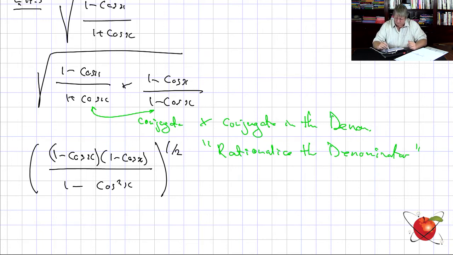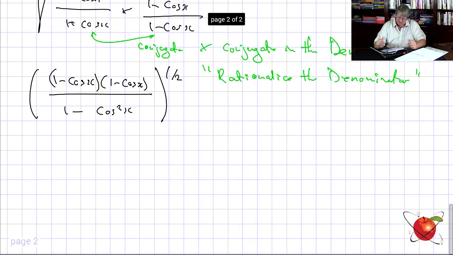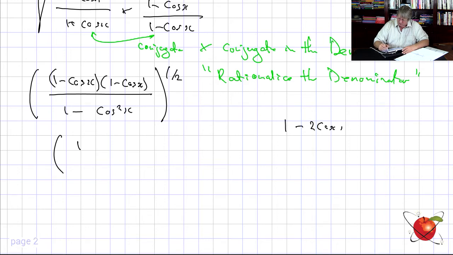Or you can keep your big surd sign in if you wish. Makes no difference. Now, moving along. That on top now gives me 1 minus... let's look. The top, that's 1 minus. Now, if I multiply it out, I get 1 minus 2 cos x plus cos squared x, right?